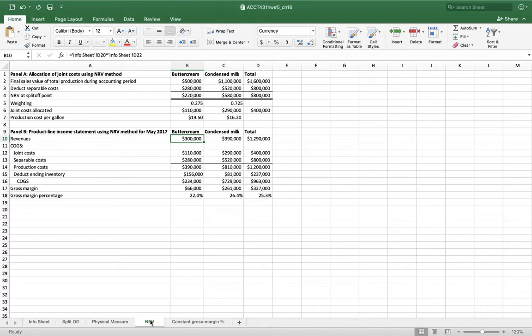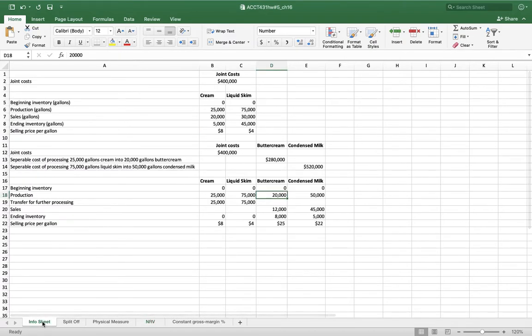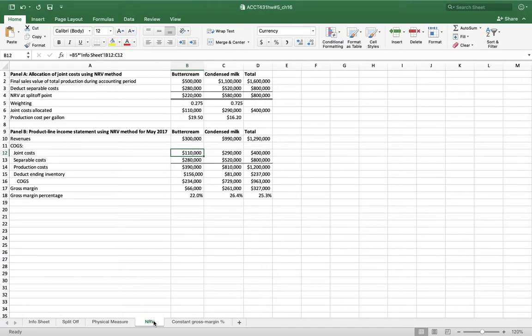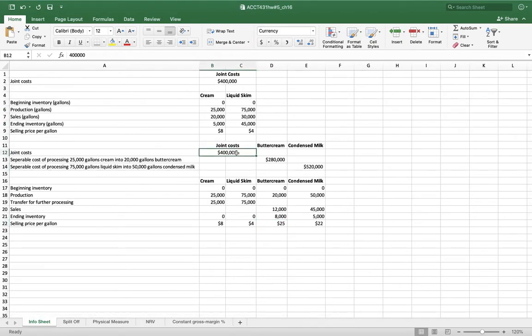Revenues is just pretty much the same as the other ones. It's sales times selling price over here. Joint costs are the weight right here times the total joint cost from the info sheet. Again, 400,000.